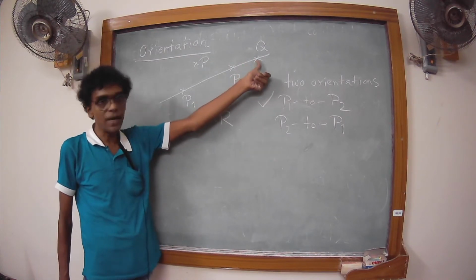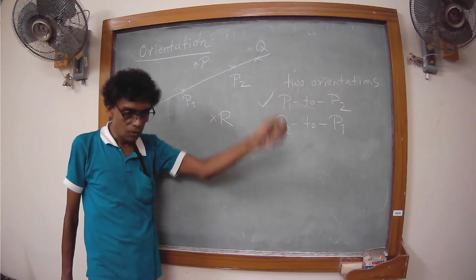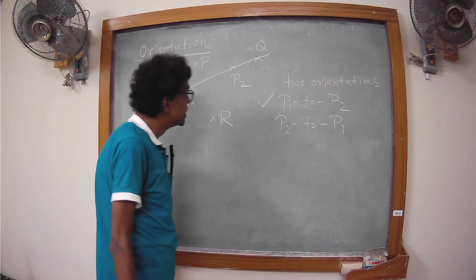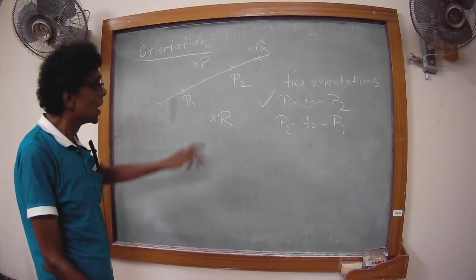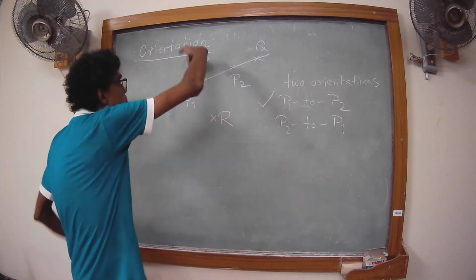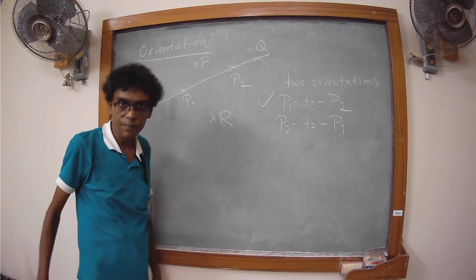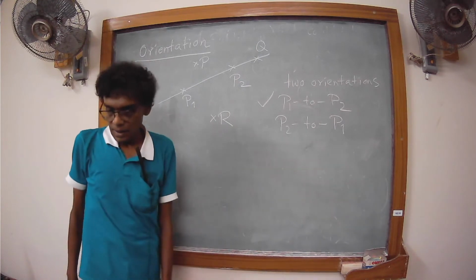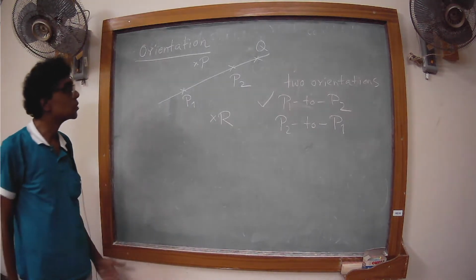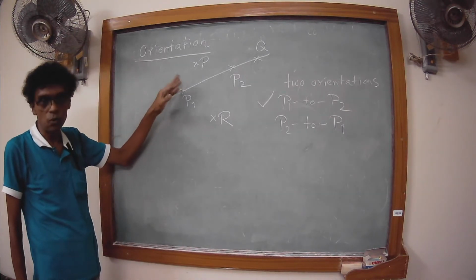Whereas Q will appear on the line itself. Okay. If you take the other orientation from P2 to P1, then P is to your right, R is to your left, Q is again on the line.